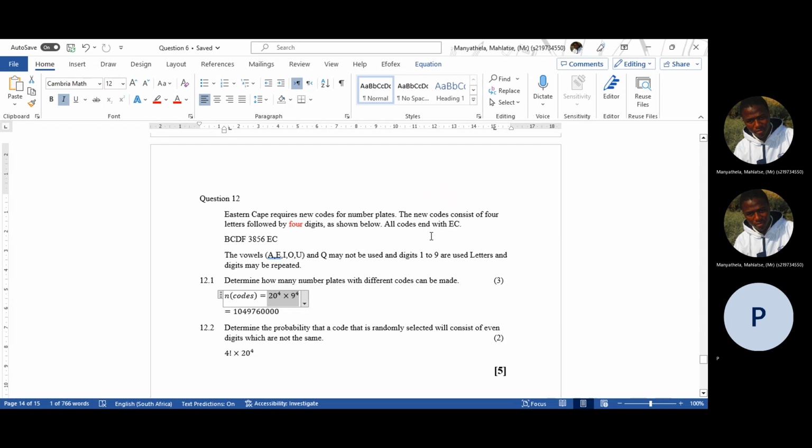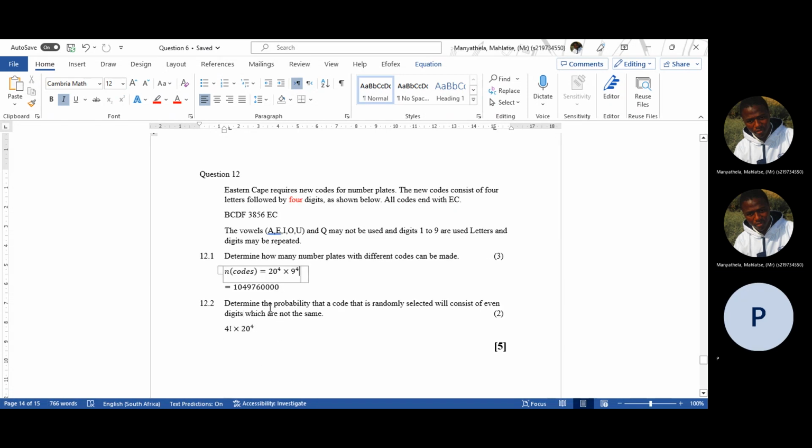All codes end with EC, and it continues to say 1 to 9 are used. Letters and digits may be repeated. So that is why we're having 20 to the exponent 4, multiplied by the 9 to the exponent 4, for the digits that follow.